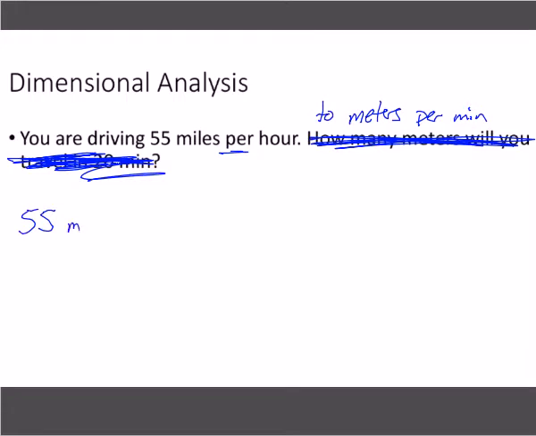Guys, we have miles over hours. Okay? How many hours did it say? 1. This is the only time where our first fraction will get something below it, if we're given a double unit. So when it says something per something, we won't see it a lot, but we might see it once or twice.